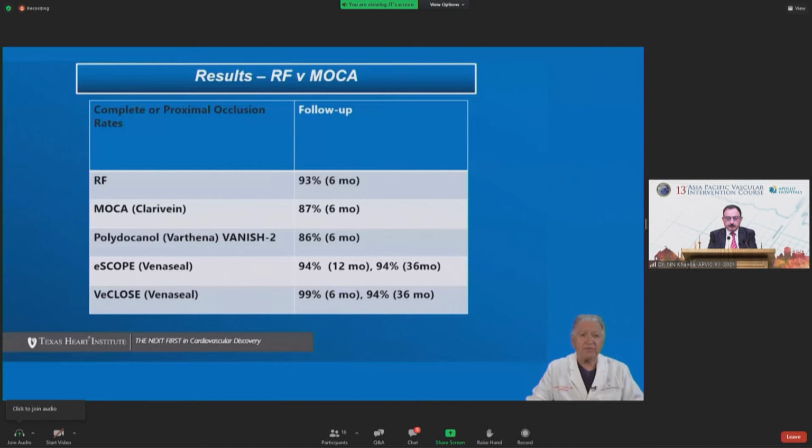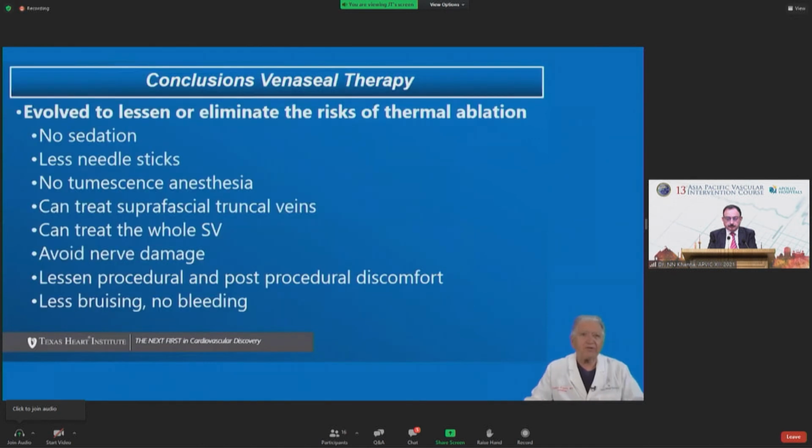In conclusion, VenaSil therapy has evolved to lessen or eliminate the risk of thermal ablation therapies. It requires no sedation, fewer needle sticks are required, there is no need for tumescent anesthesia.